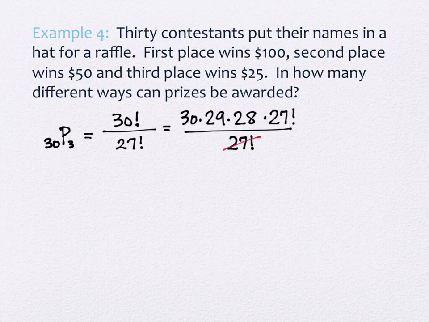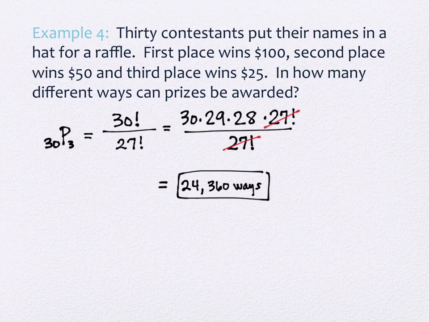So this 27 factorial cancels with this 27 factorial. And we multiply 30 times 29 times 28. And what do we get? 24,360 different ways to select 3 winners.